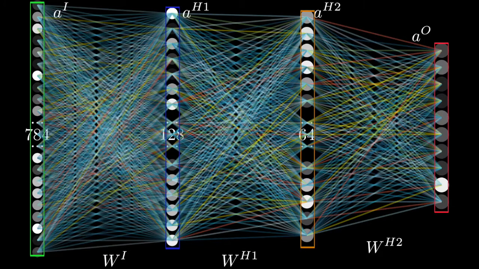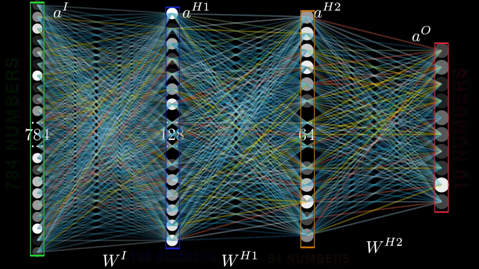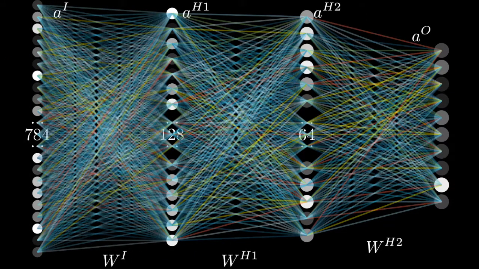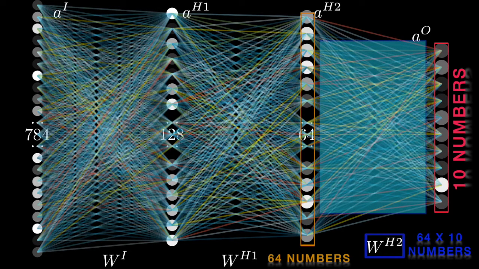Every activation and every weight is just a number. For convenience, we can stack all the activations in a layer together in a vector and give it a name. Here with a superscript. Each of the 10 neurons in the output layer is connected to every one of the 64 neurons in the final hidden layer. Each of these weights can be conveniently represented in a 64 by 10 matrix.